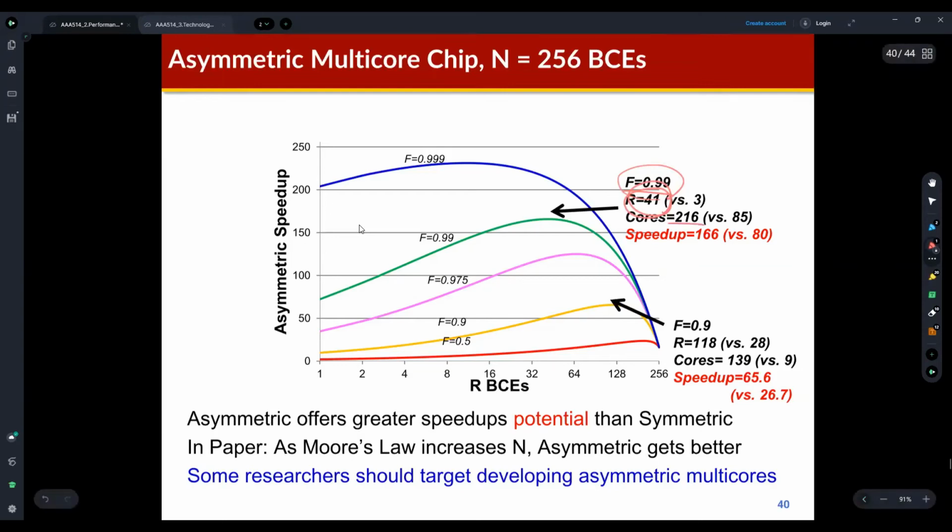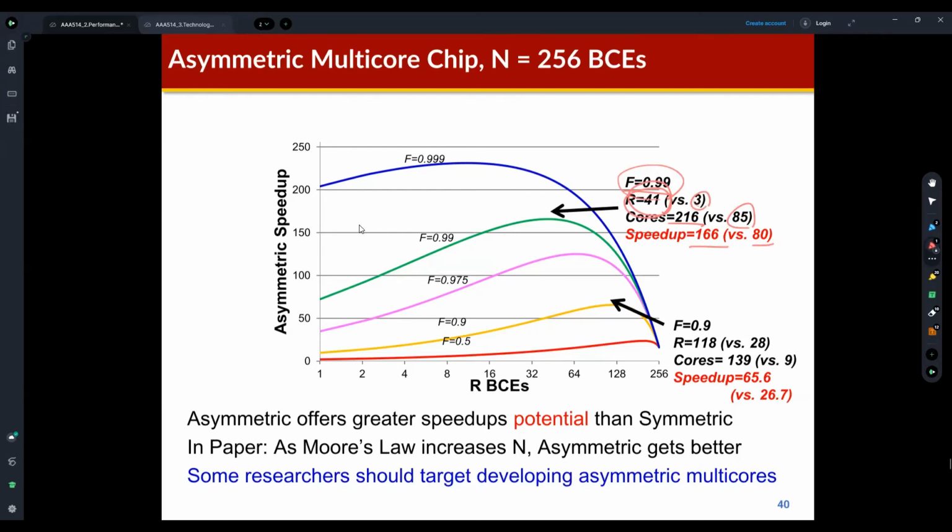It's 216. If we compare with the symmetric multi-core architecture, R was 3 and the number of cores was 85. And how about the speed up? It's 116.6 versus 80.